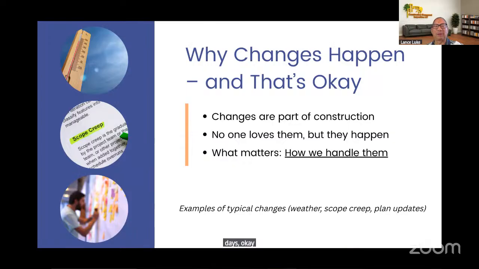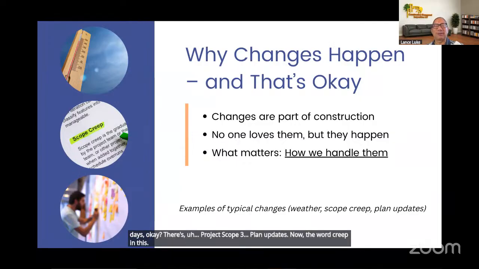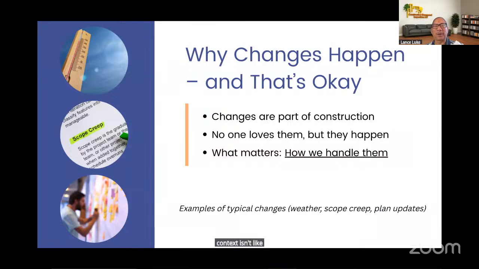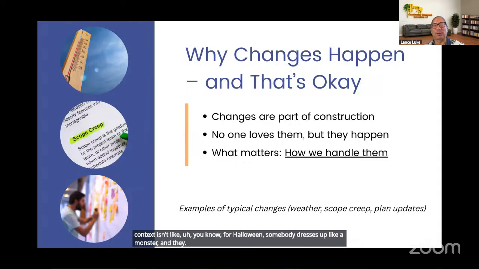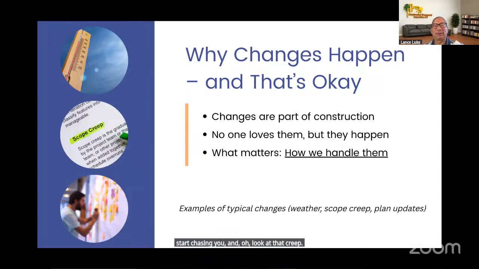Okay, there's project scope creep, plan updates. Now, the word creep in this context isn't like for Halloween, somebody dresses up like a monster and they start chasing you and, oh, look at that creep. So the creep in construction terminology is anything that would affect the project schedule.